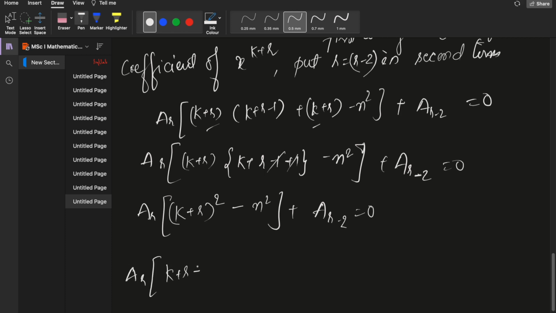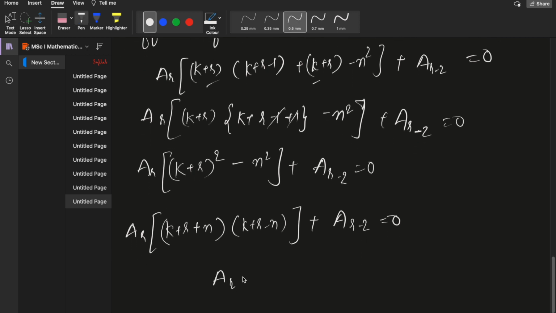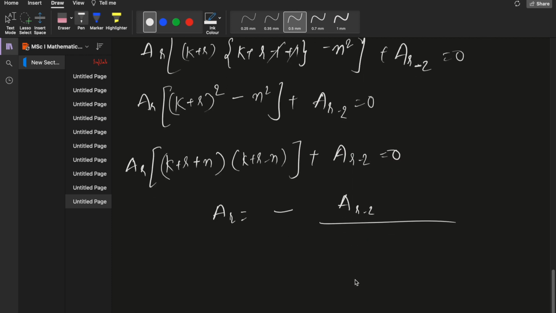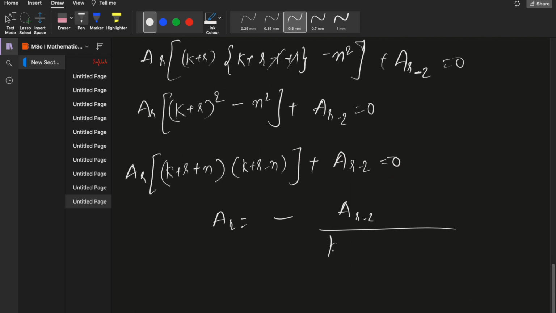So this is k plus r plus n, k plus r minus n, plus ar minus 2 equals 0. Good. If I need to calculate the value of ar from here, ar must be negative of ar minus 2, whole upon k plus r plus n, k plus r minus n.